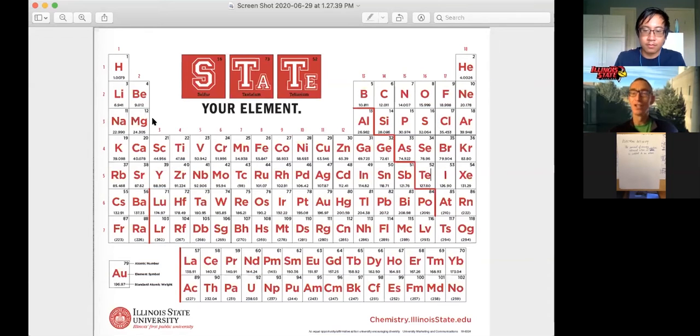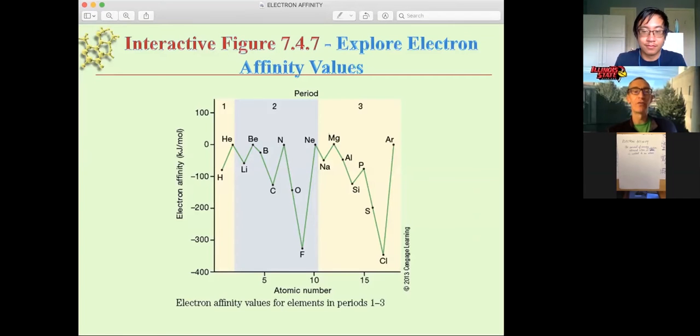Okay, so now we're going to look at some numerical values and try to get an understanding of what those numerical values mean in terms of what's going on with the atoms itself. Okay, so if we look on this graph, here are fluorine and chlorine down at the bottom.